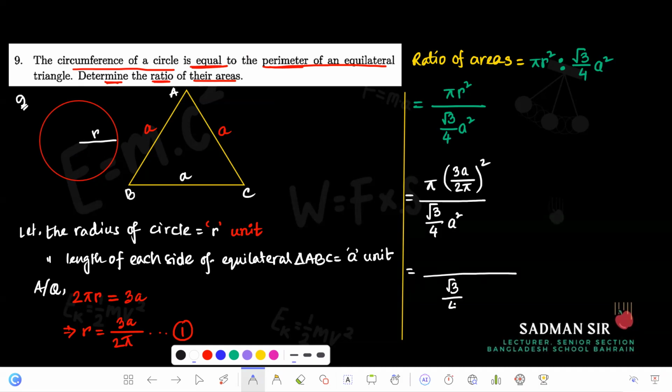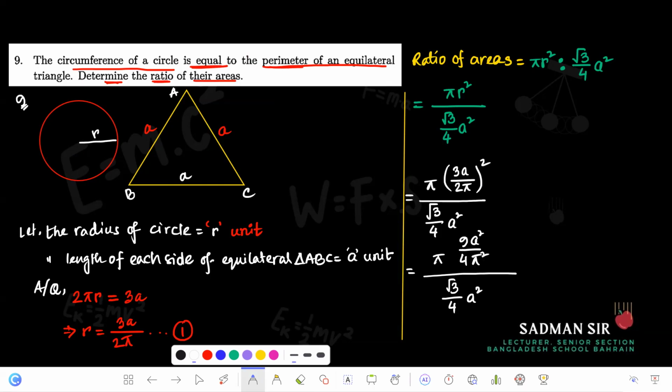the denominator will remain as it is. The numerator, if I lift up the bracket, 3 square will become 9, a square will be a square, 2 square will be 4, and pi square will be pi square.